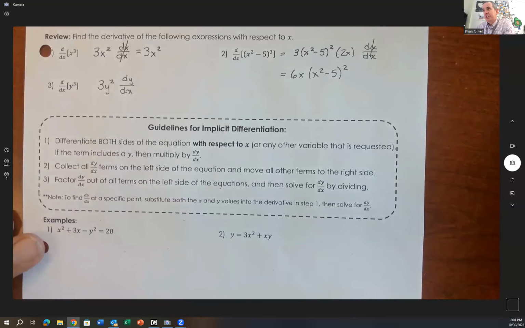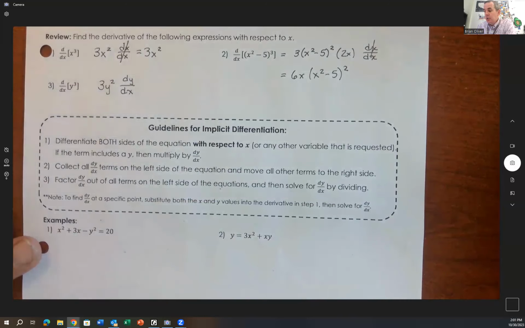For implicit differentiation, the whole point is we are taking everything with respect to x. Our goal is then to collect all the terms that are dy/dx on one side, anything that's not dy/dx on the other side, and then solve for dy/dx.